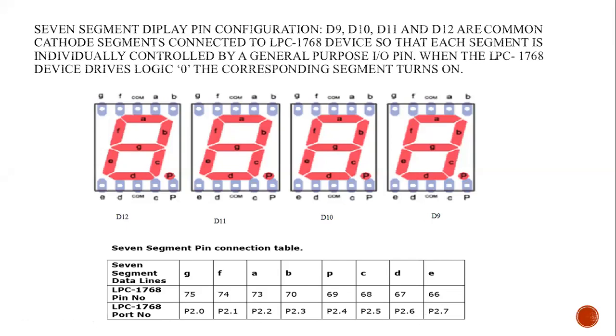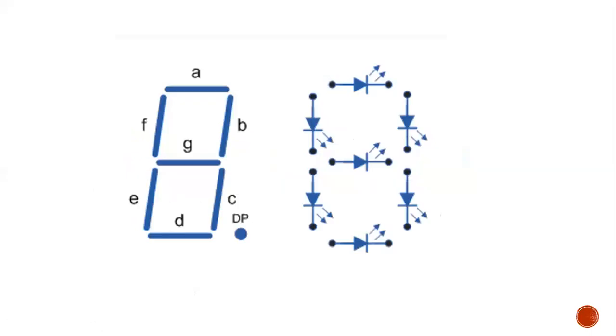You need to carefully note down how it is connected. If you change this order, then the complete outputs will be different, because it depends on A, B, C, D, E, F, G.